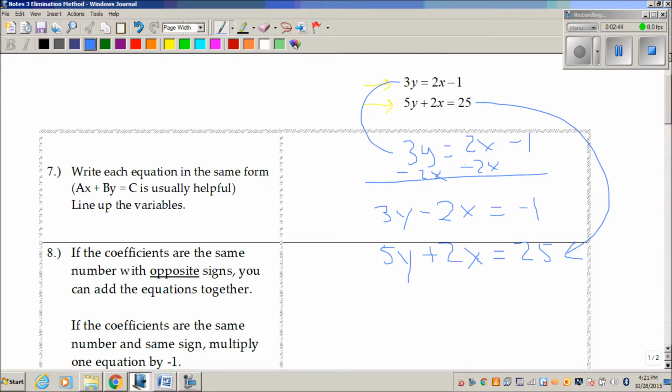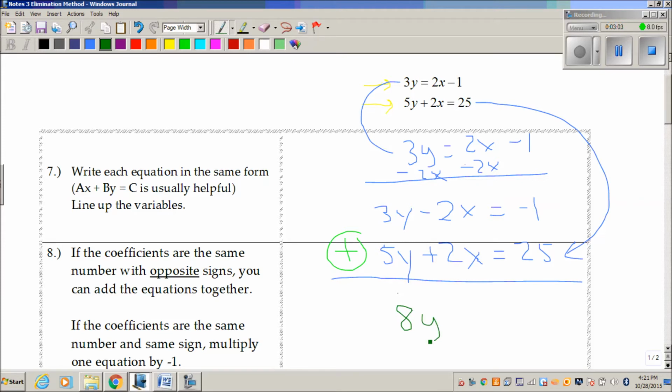So now I'm going to add these two equations together, because they're equal quantities. When I add my two equations together, I get 3y plus 5y is 8y.